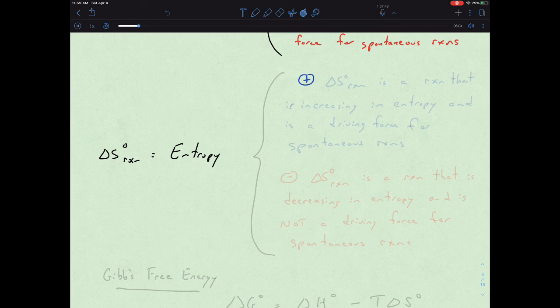A positive delta S of reaction, or entropy of reaction, is a reaction that is increasing in entropy, and this is a driving force for spontaneous reactions.